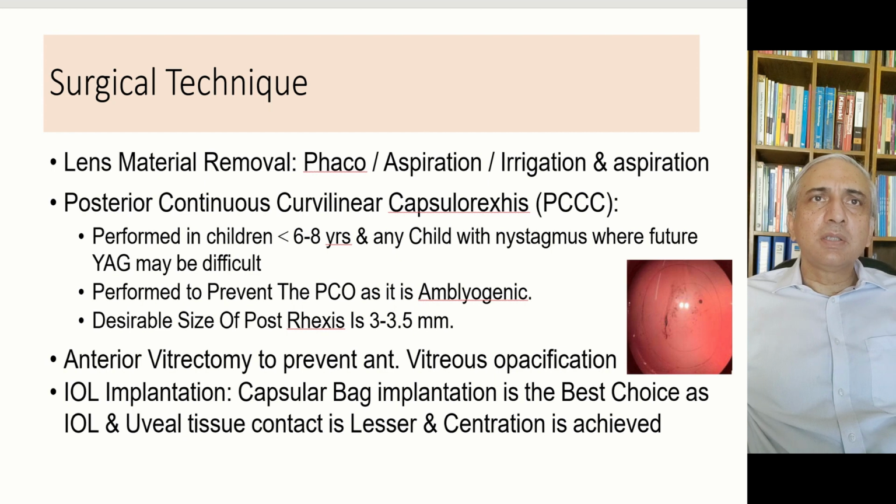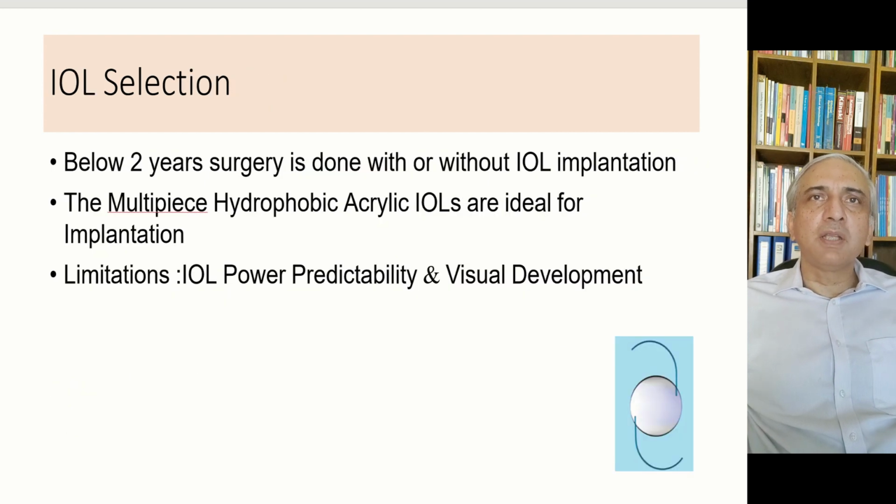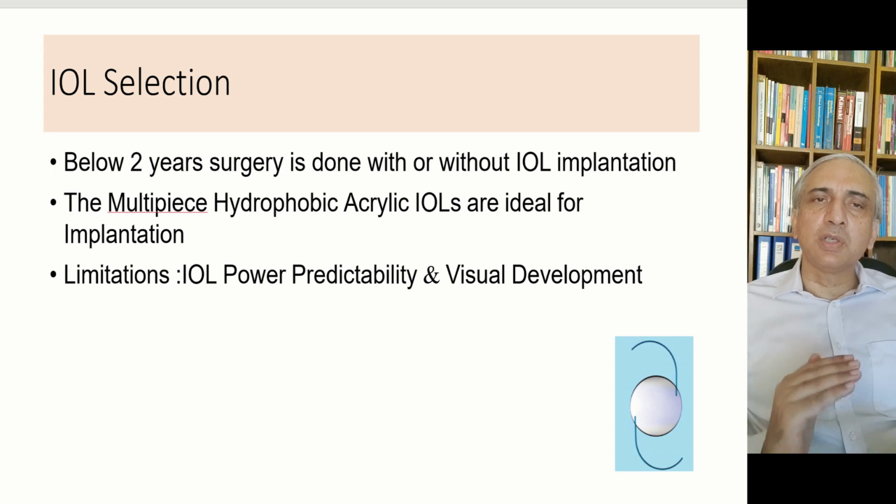Below 2 years, surgery is done with or without IOL implantation. It is a very big debate. Some pediatric ophthalmologists will use an intraocular lens. Some will say that you just make them aphakic and go for a secondary IOL implantation after they are 5 or older.